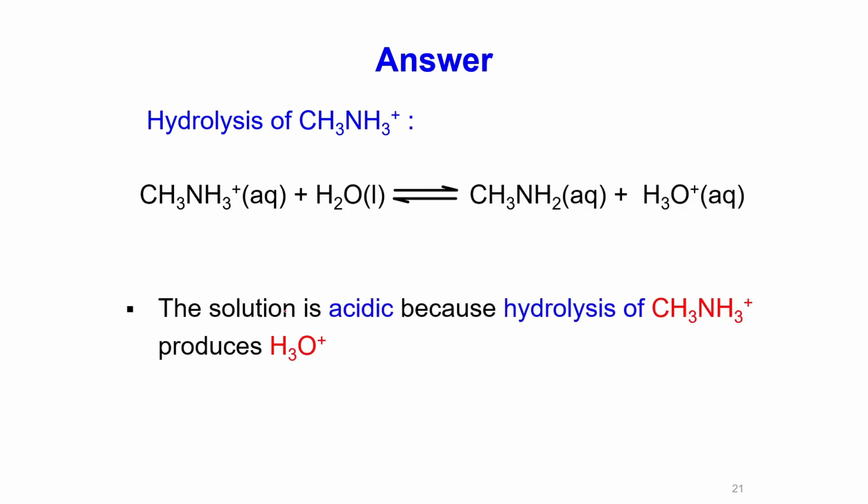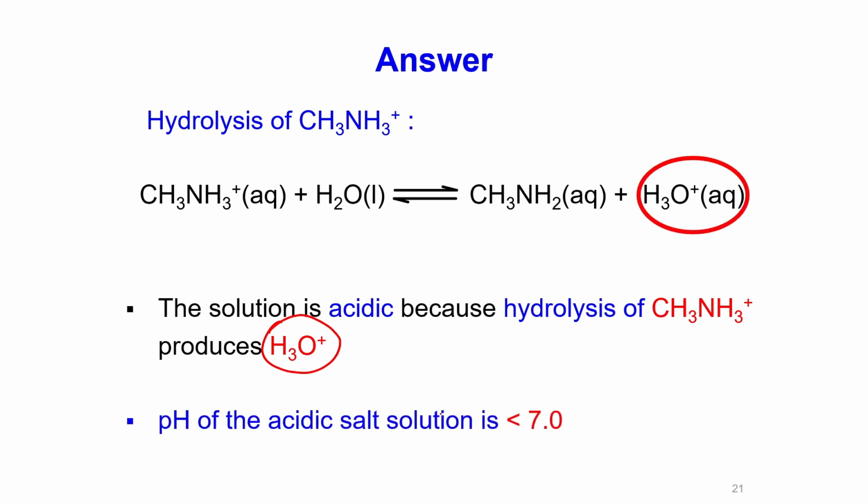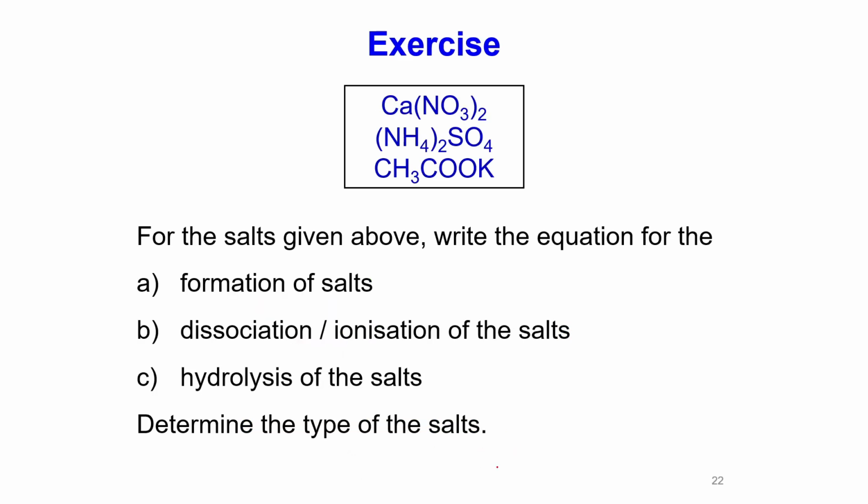Thus the solution is acidic because hydrolysis of CH3NH3 plus produces H3O plus. So the pH of an acidic salt solution is less than 7.